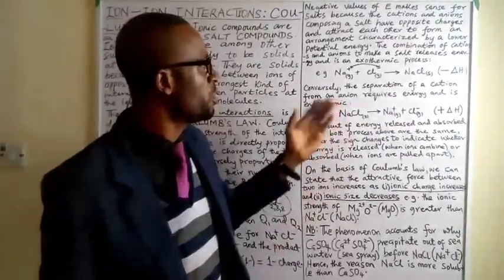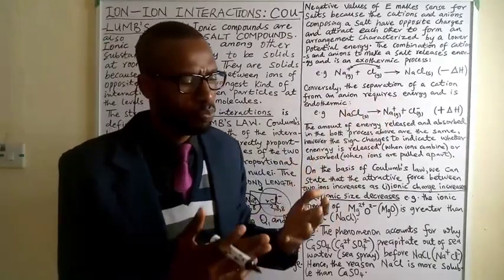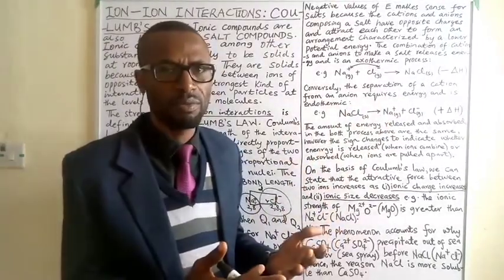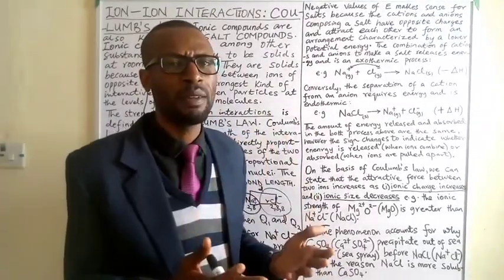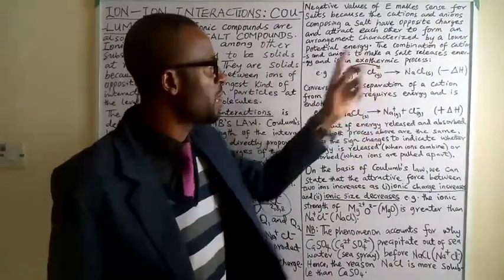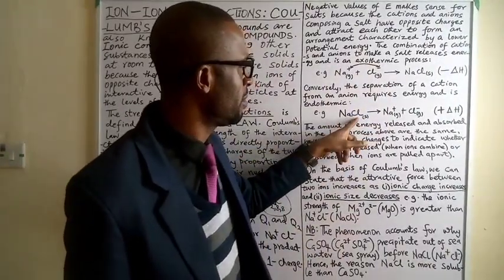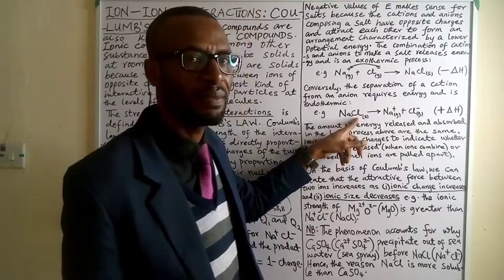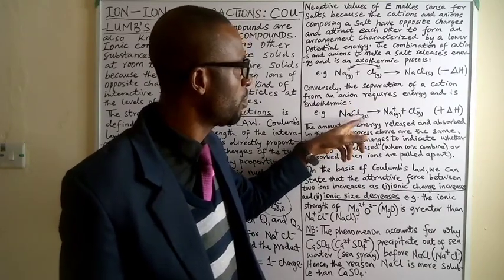Okay? On the other hand, when we are trying to pull apart ions, that is, to break down an ionic compound into the component gaseous ions, you are doing the reverse of what happened. As a matter of fact, energy or heat is required for us to break the ionic bond that holds sodium and chlorine together.